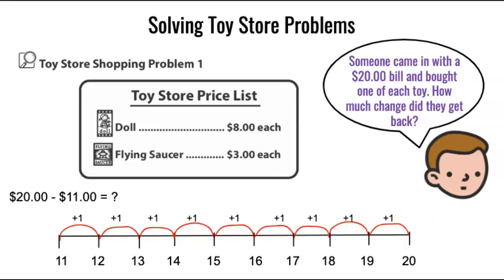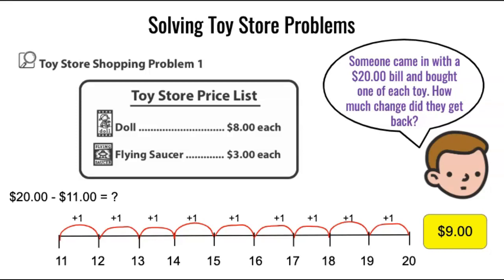So I know that the difference, or the change that person will get back, is $9. And I write my dollar sign, my decimal point, and my 2 zeros at the end to show my answer in dollars.